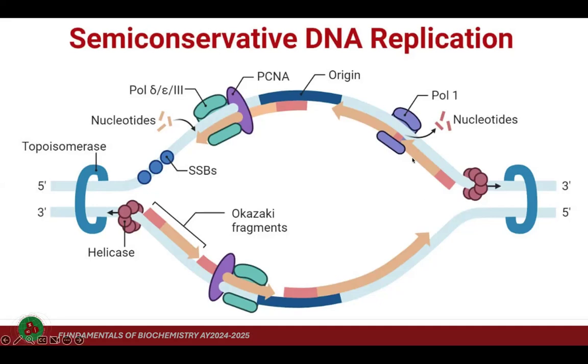But the way the replication fork itself is growing, so here you see this arrow from left to right. So at this point, the size of the bubble increases as this replication fork migrates from left to right. But the synthesis of the new DNA strand is from right to left.